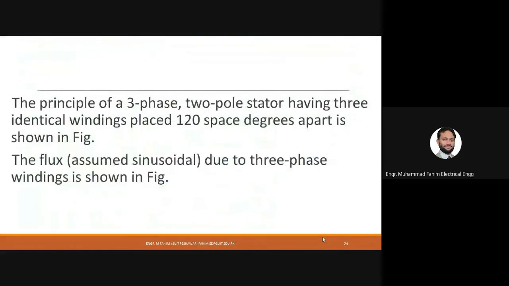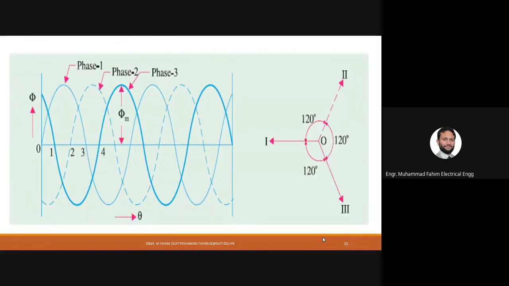Now, the principle of a three-phase two-pole stator having three identical windings placed 120 degree apart is shown in the figure. The flux is assumed sinusoidal due to the three-phase winding shown here. Now these are phase 1, phase 2 and phase 3, which are 120 degree apart from each other, and the resultant flux is phi max.